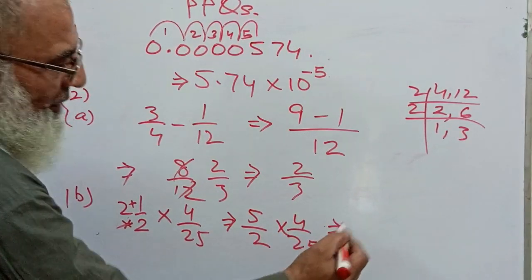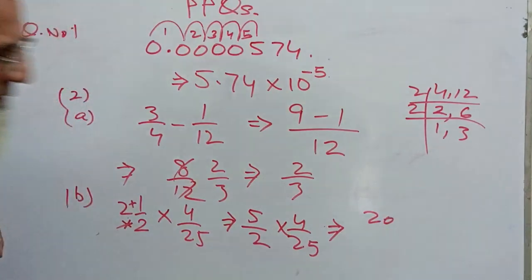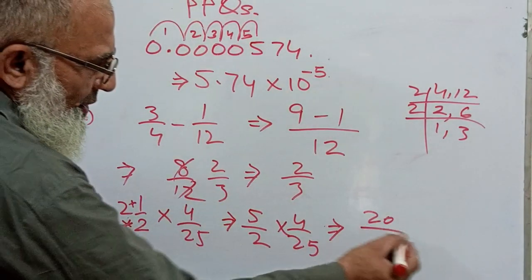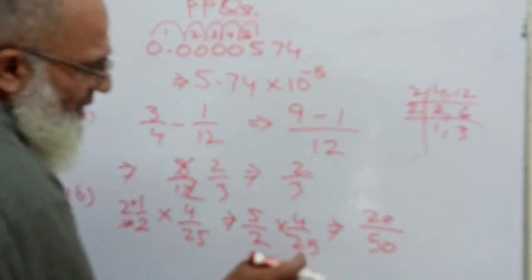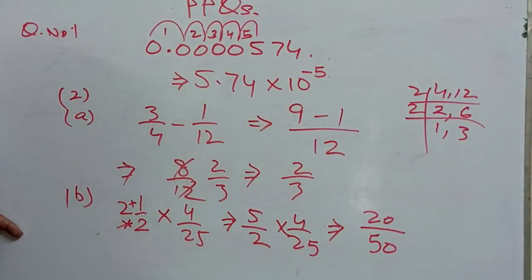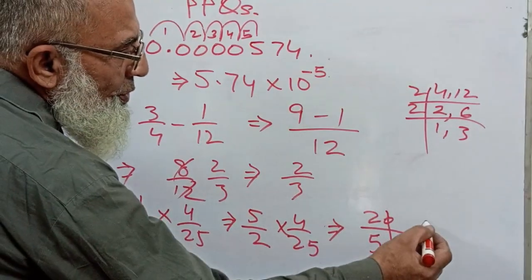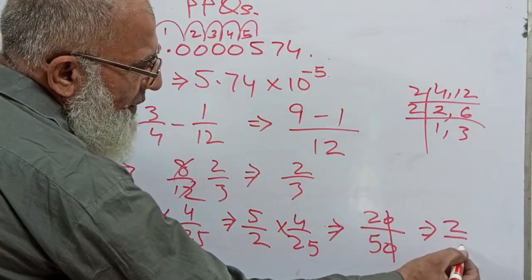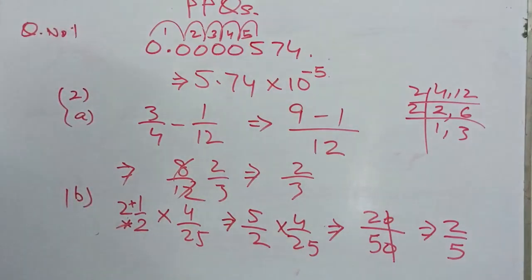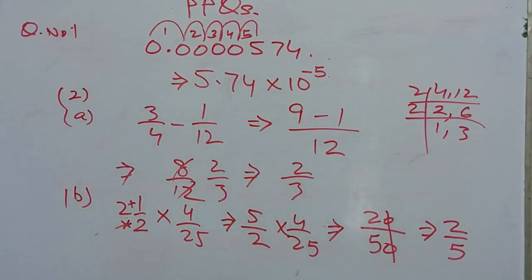Now this will give us 20, 5 times 4 is 20, and this will become 50, 25 times 2. Now you see that there is a common 0 in between the two. So the final answer will be 2 divided by 5. No, I have not used the calculator. You should be my witness.